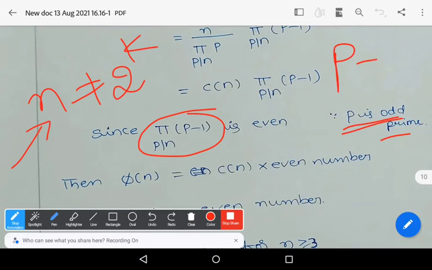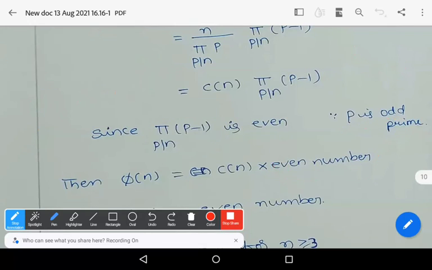Let us see one example. p is equal to 3, an odd prime number; p minus 1 is equal to 2, an even number. Let us take again p equal to 5, an odd prime number; p minus 1 is equal to 4, an even number.